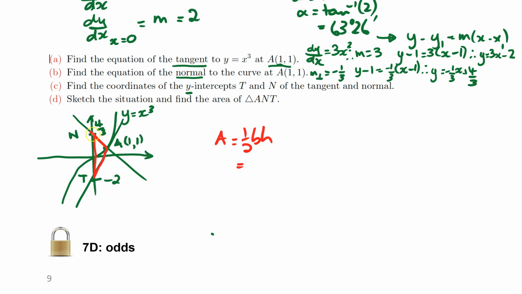So the base is from minus 2 up to 4/3, so that's 3 1/3, which is 10/3. I want a half of that. And the height is that distance there, which is a horizontal distance of 1. So the area of the whole triangle is going to be 5/3 of a square unit. Okay, so try 7D.